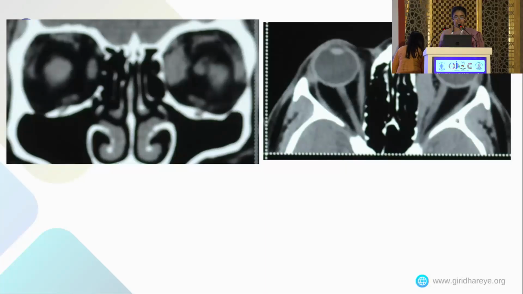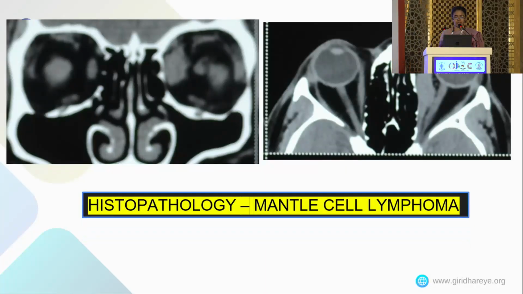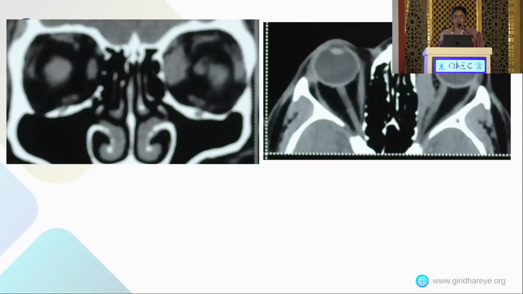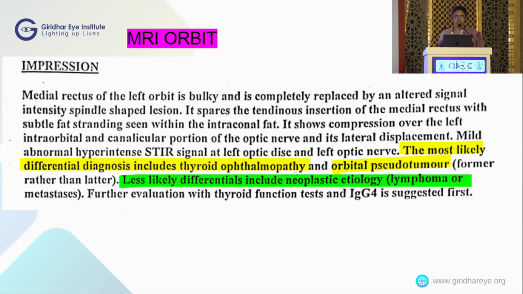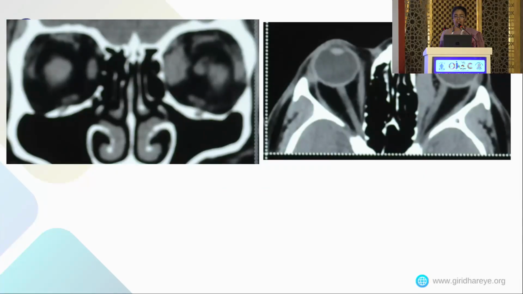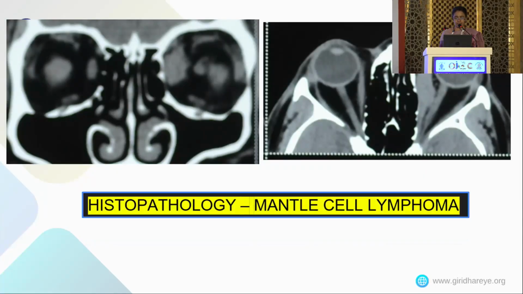So we suspected lymphoma. We did a biopsy and it turned out to be mantle cell lymphoma. But look at the radiologist's report: reported as orbital pseudotumor or thyroid ophthalmopathy with differentials like lymphoma or metastasis. So as ophthalmologists or oculoplasty surgeons, we should be able to read our own CT scan rather than depend on the radiologist alone.